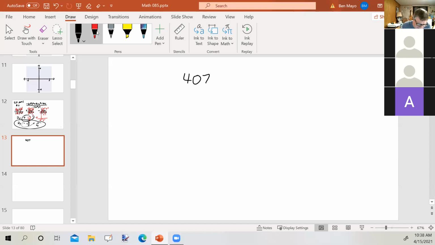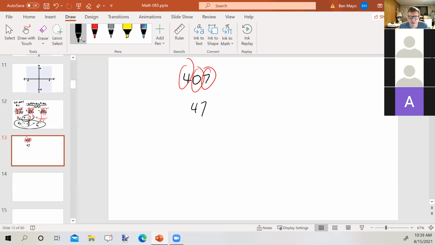Right. So basically this is saying we've got 4 hundreds, no 10s, and 7 1s. Correct. But I just said 407. So why put the 0? I didn't say anything about 10s. Why do you need that 0 there? What if I didn't put it there? What if I just wrote that? Then it's just 47.